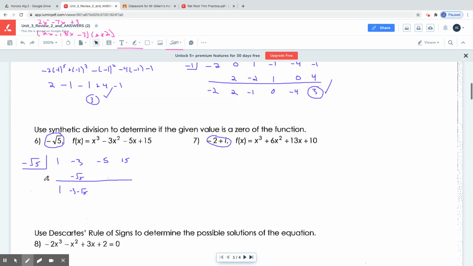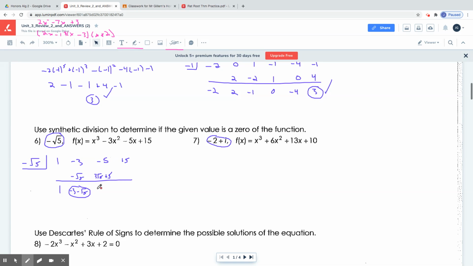Now, if I were to multiply, -3 times -√5 is +3√5. And then when I do -√5 times -√5, I just get 5. So I multiply this times that. I distributed the √5. Now I add -5 plus 5 is 0.